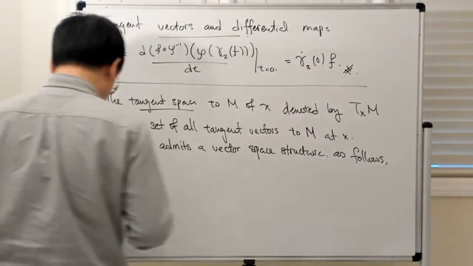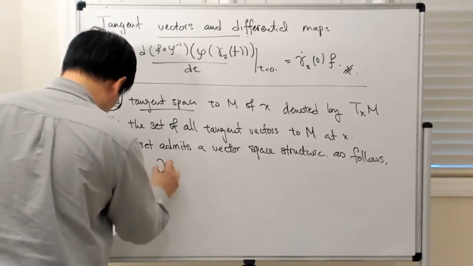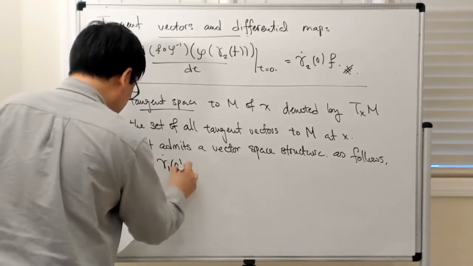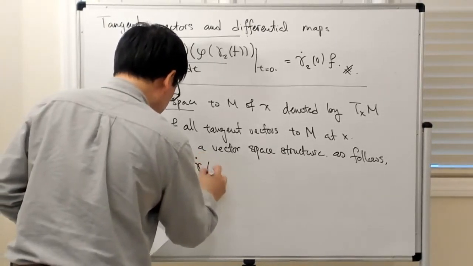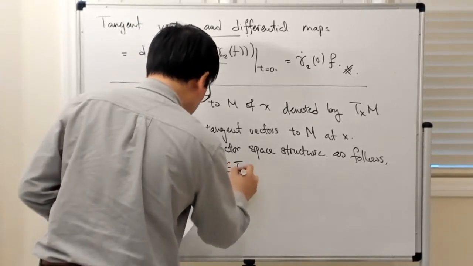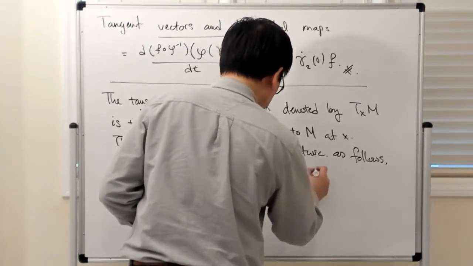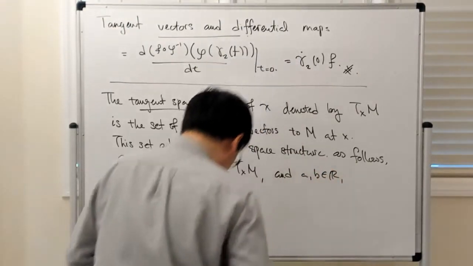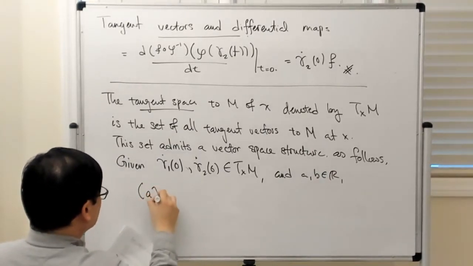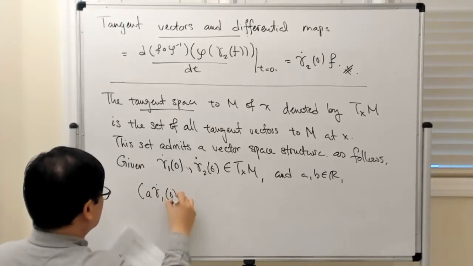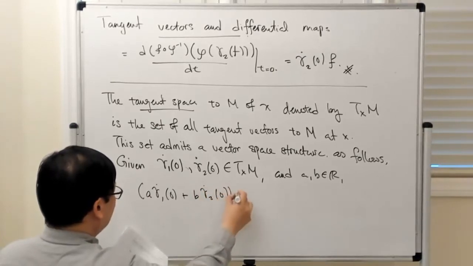If you're given, let's say, gamma 1 dot 0 and gamma 2 dot 0 in T_x M, and a, b in the reals, then I can look at the linear combination of these things: a gamma 1 dot at 0 plus b gamma 2 dot at 0 acting on f.